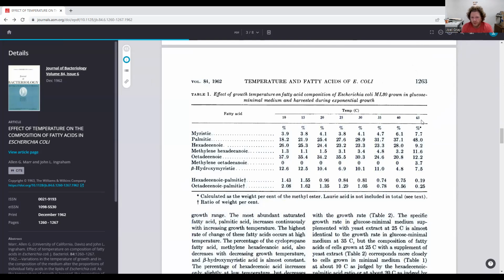And what they observed over time was that the number of saturated fatty acids and unsaturated fatty acids changed. So if we look at these first two fatty acids that are listed, myristic and palmitic acid, I'd like to draw your attention first to the lowest temperatures.